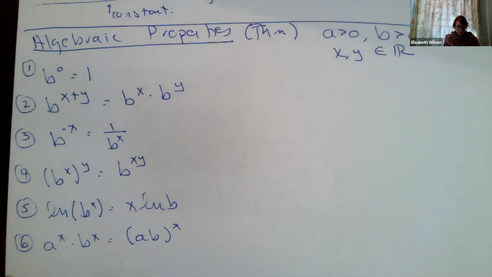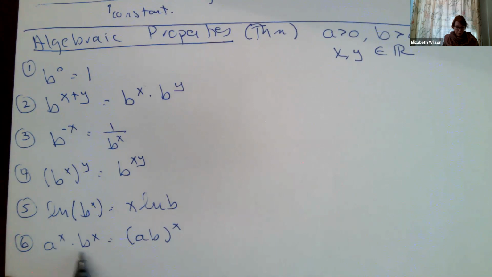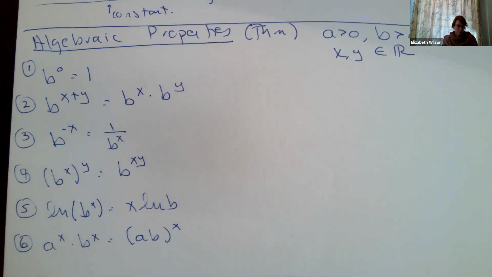So what this means is, be careful, it's not the same thing as this here. I have different bases, but I have the same exponent, so I can bring them together. So this is like 2 to the 3rd times 4 to the 3rd becomes 2 times 4 to the 3rd power, which is different than what we have here. So just keep in mind our general rules for exponentials.